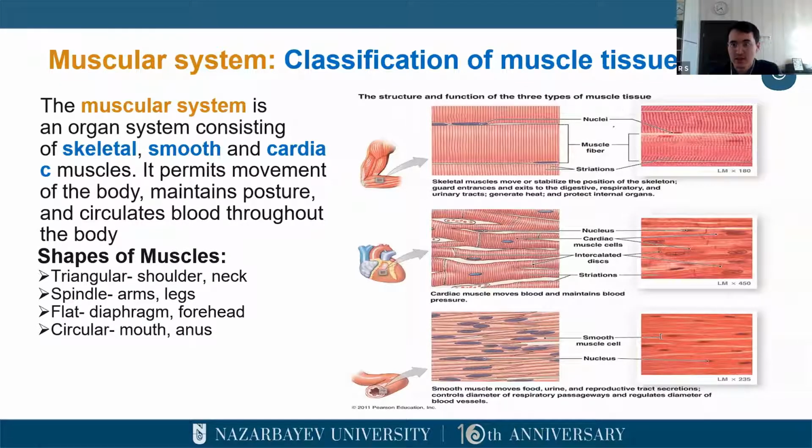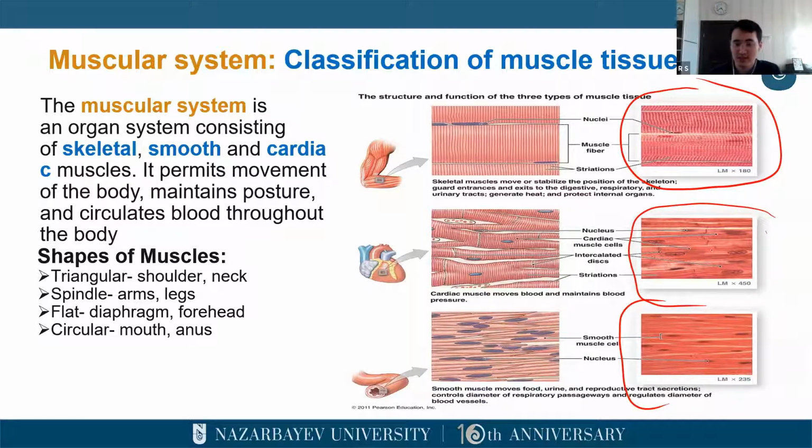So the major difference is in the composition of the muscle fibers. As you can see on the slide, these photos show the skeletal muscle, this is the cardiac, and this is smooth muscle. Skeletal muscles usually create a so-called conglomerate of cells.